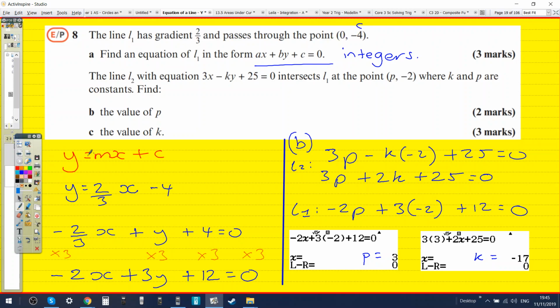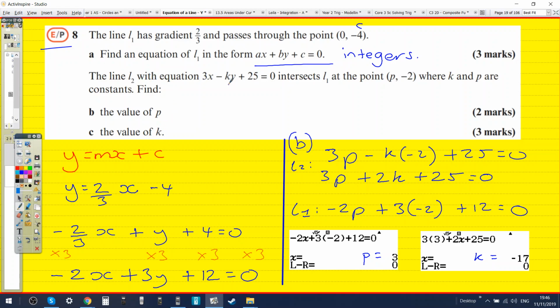So y equals mx plus c, that's the m, that's the c. Make it equal to 0 like they asked. On a real exam paper, they will usually say where a, b, and c are integers.